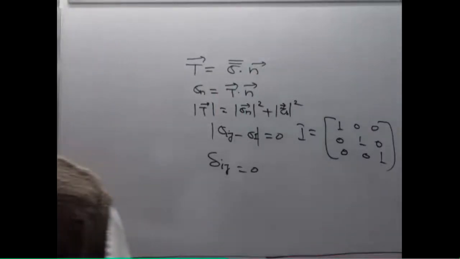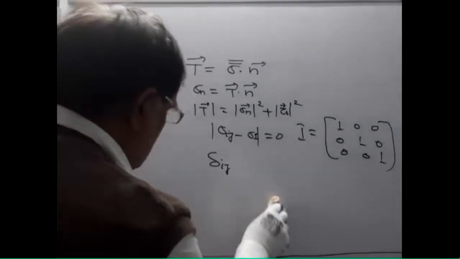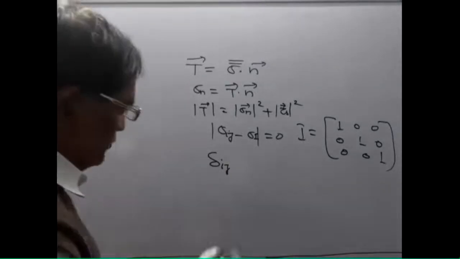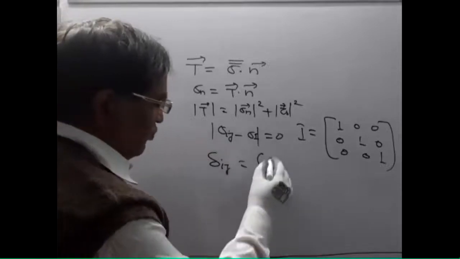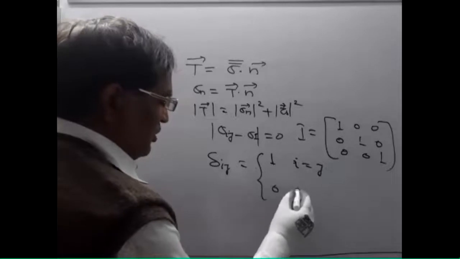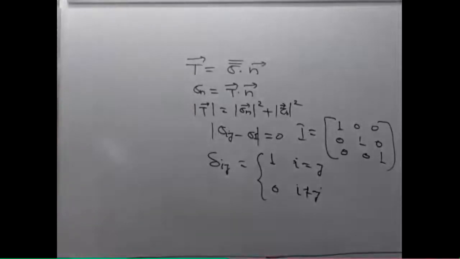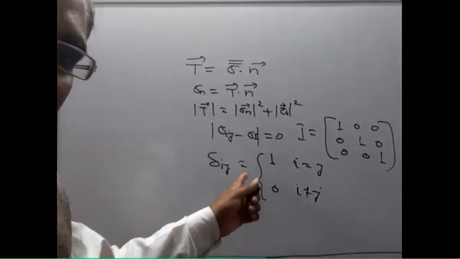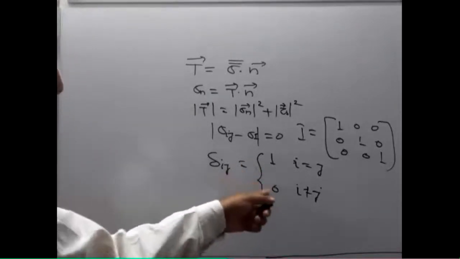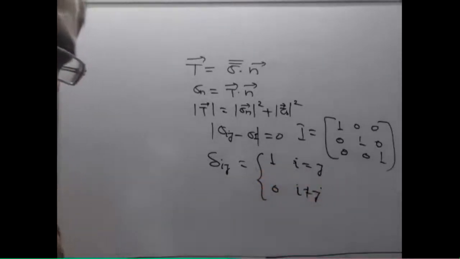The significance of this is that it is 1 if i is equal to j, and 0 if i is not equal to j.